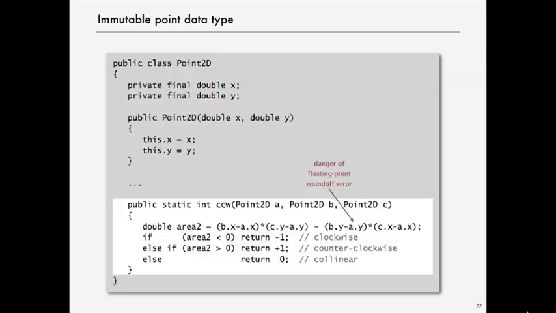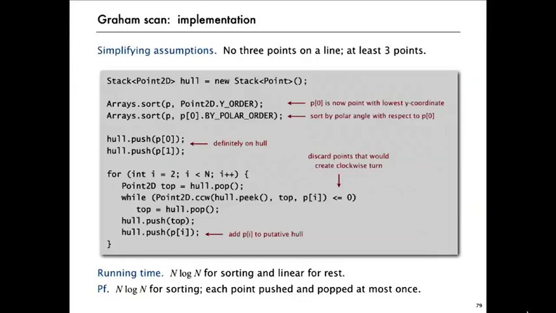And that method is the basis for the Graham scan. The Graham scan uses a sort where we give 2 different ways to sort the points, and it uses a pushdown stack for the hull.